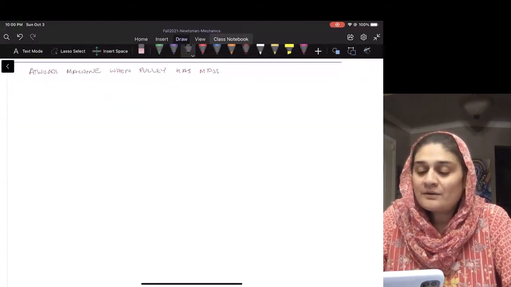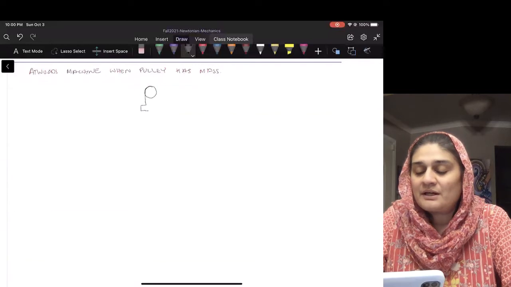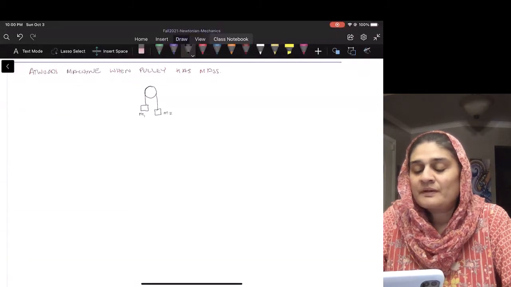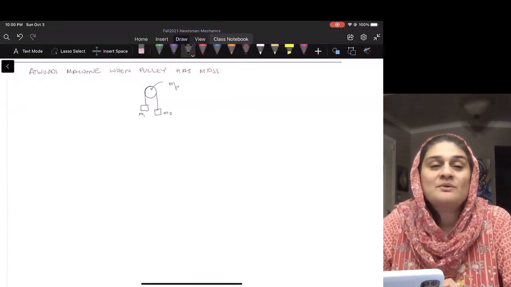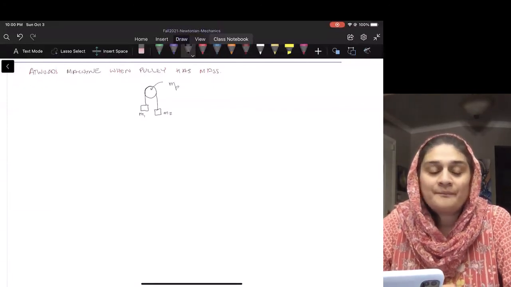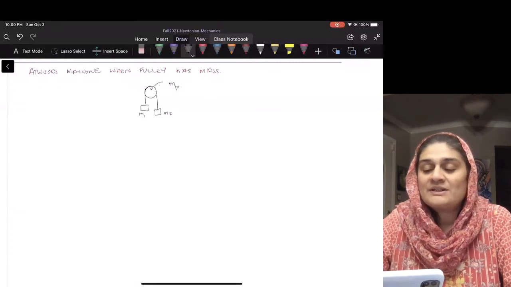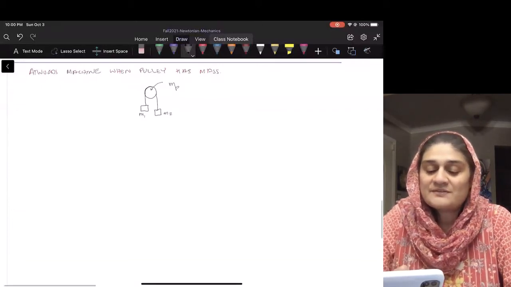In this scenario, we will still have a pulley and two masses M1 and M2. But in our situation now, the pulley itself will also have a mass, which I'm going to call MP. To make life easier, let's just consider the frictionless case first.